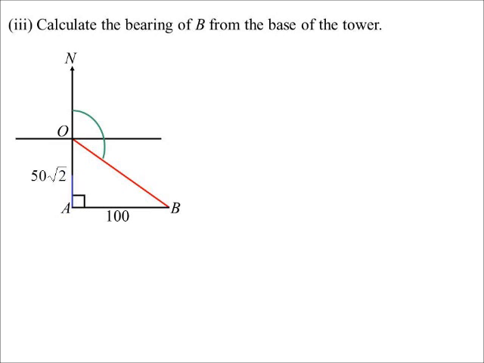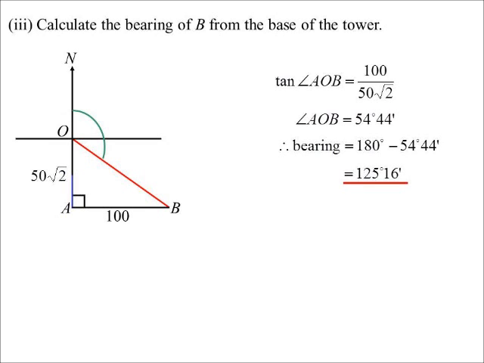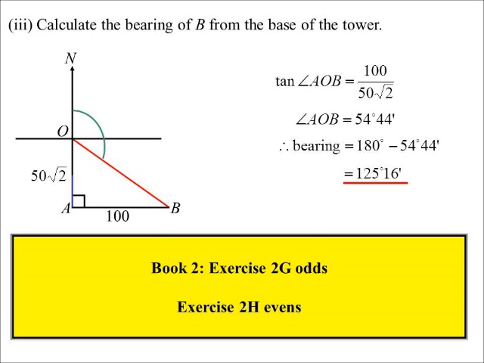Bearing from north, we go clockwise. Well, it's going to be easier to find angle AOB and then subtract that from 180. So the tan will be 100 over 50 root 2, 54 degrees 44. So the bearing turns out to be 125.16.